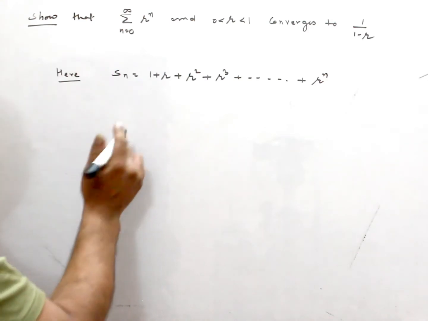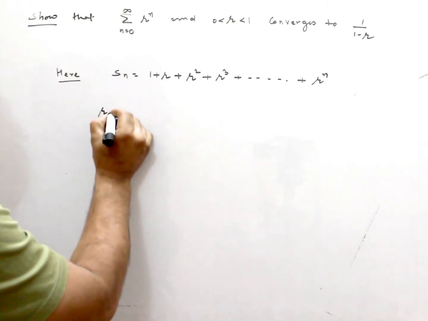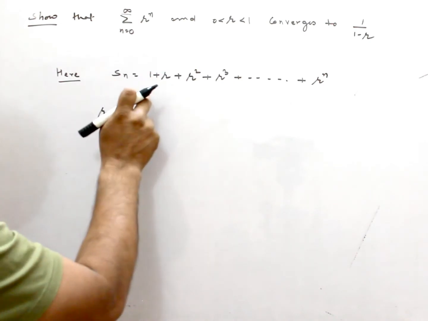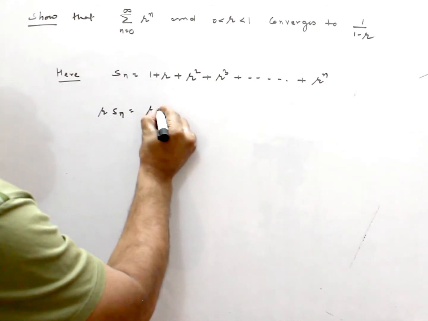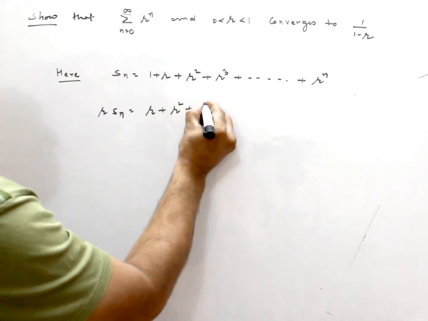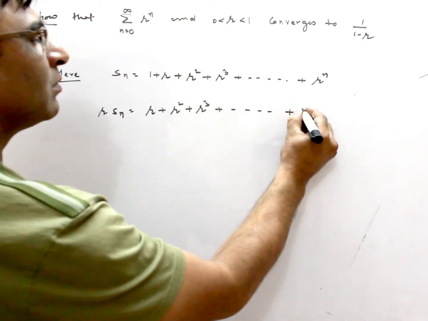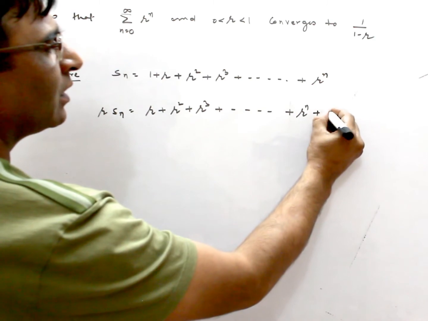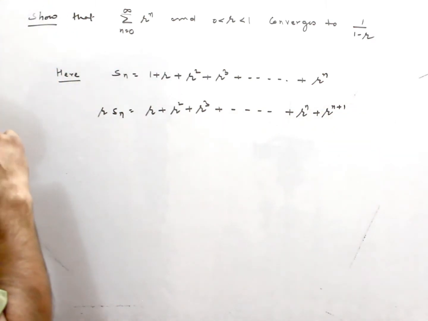Then what happens? If I multiply r to Sn, that means if I multiply the left side, it is multiplied to the right side also. Then this becomes r plus r square plus r cube, up to the last term, the second last is r^n, and r^(n+1) is the last.